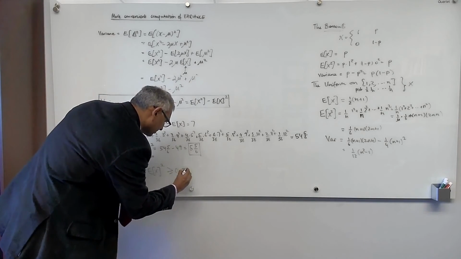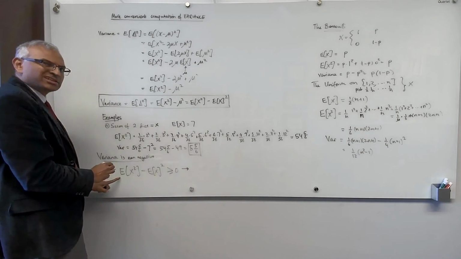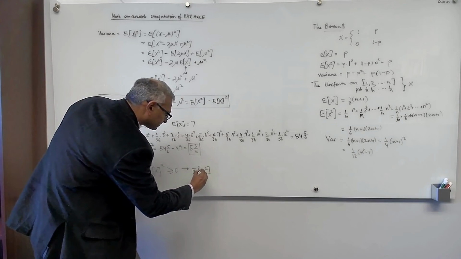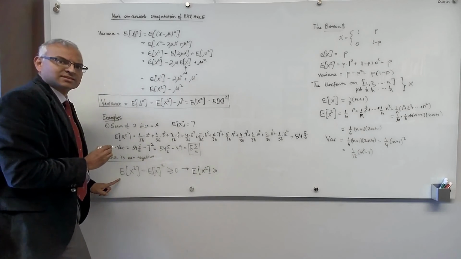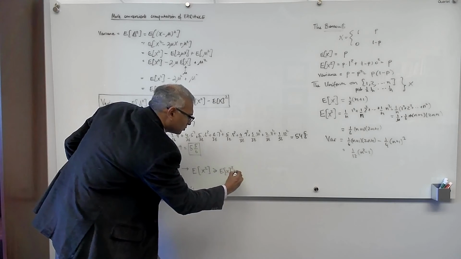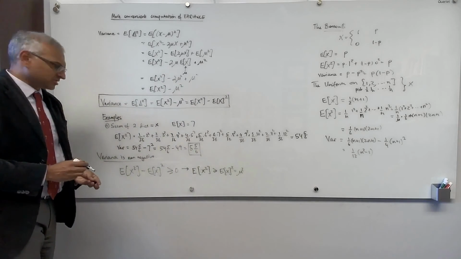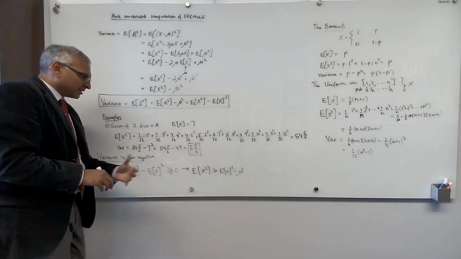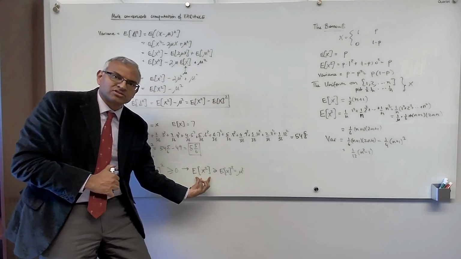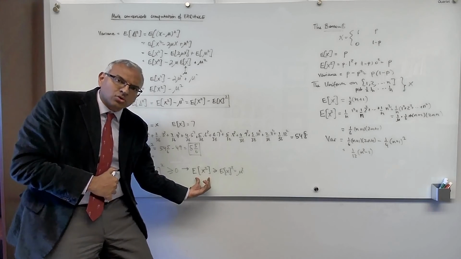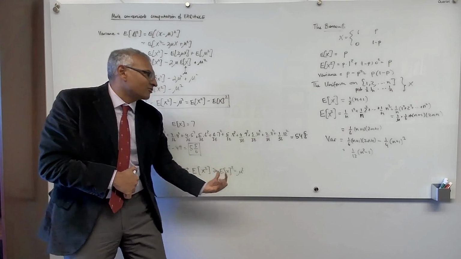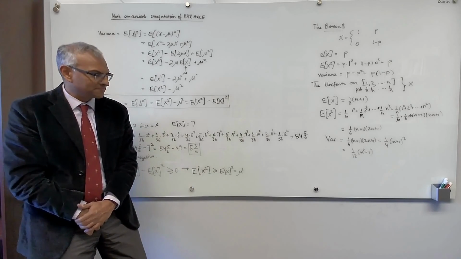Well, this means that the expected value of the square is always at least as large as the square of the expected value, which is mu squared. Okay, so this is an important fact, that for any random variable, the expected value of the square is always at least as large as the square of the expected value, always.